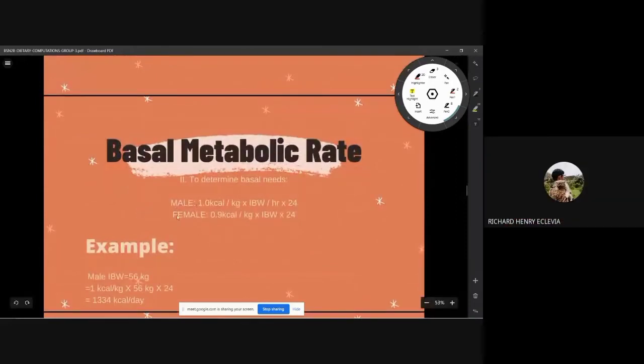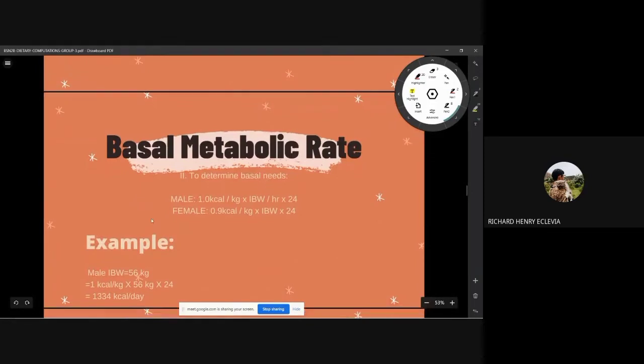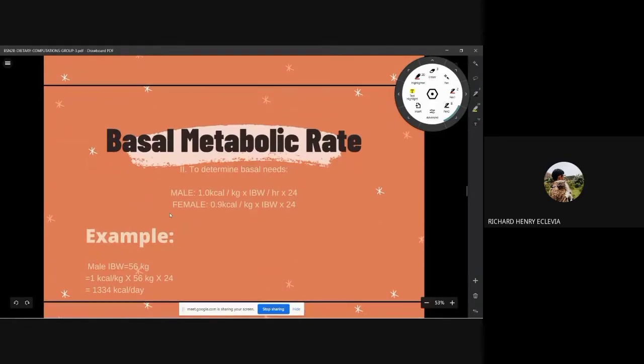So to compute for BMR, here are the formula. For male, 1.0 kcal per kilogram times ideal body weight per hour times 24. So fix tong dalawa. Fix yung dalawa. Tapos for female, 0.9 kcal per kilogram times ideal body weight times 24.